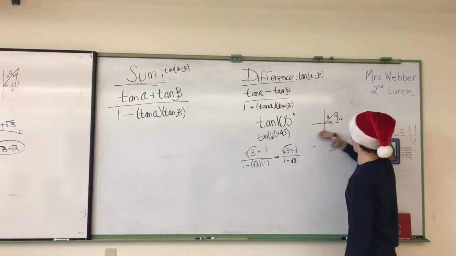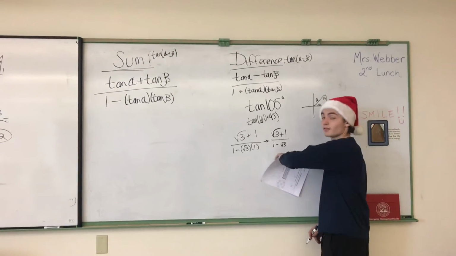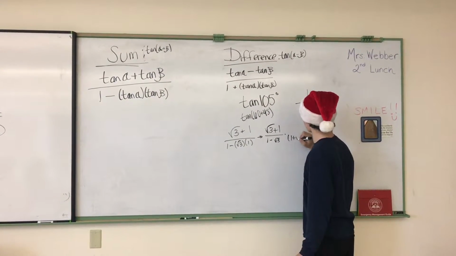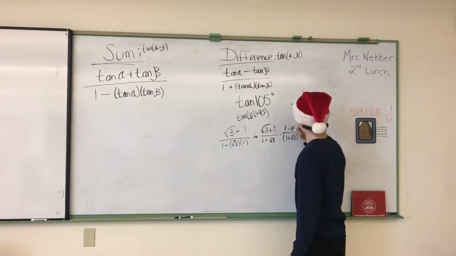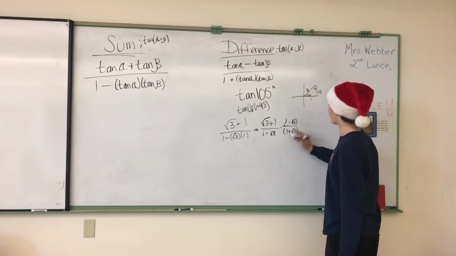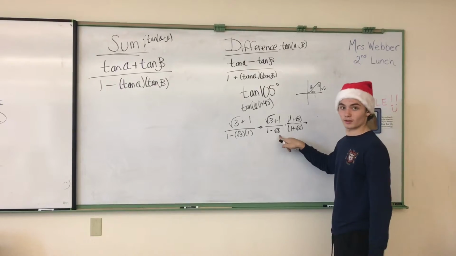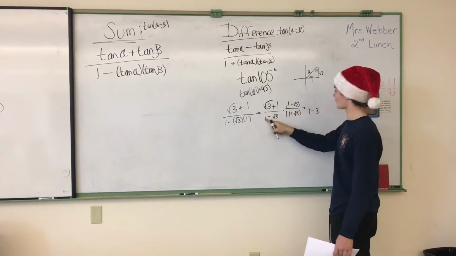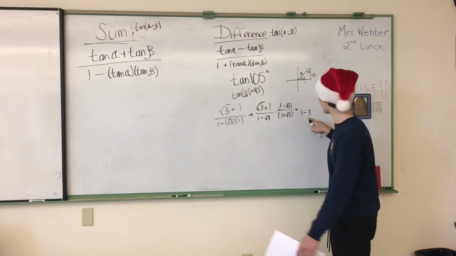And then you're going to have to multiply it by the conjugate on the bottom because the denominator is not rationalized. So you're going to take 1 plus root 3 and multiply it in the denominator and the numerator. So for the bottom, you don't have to do the whole thing because, as we know, this is one of those. So you take 1 minus 3, because 1 times 1 is 1, and negative root 3 times root 3 is negative 3.